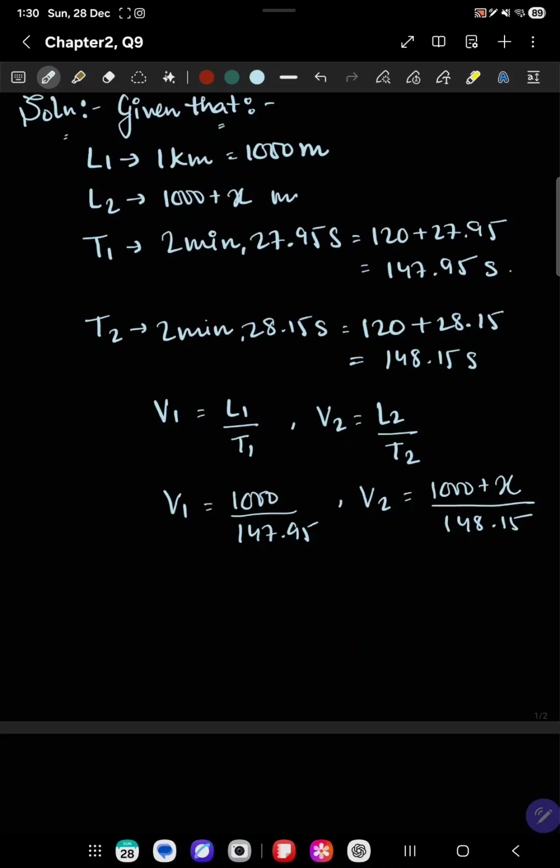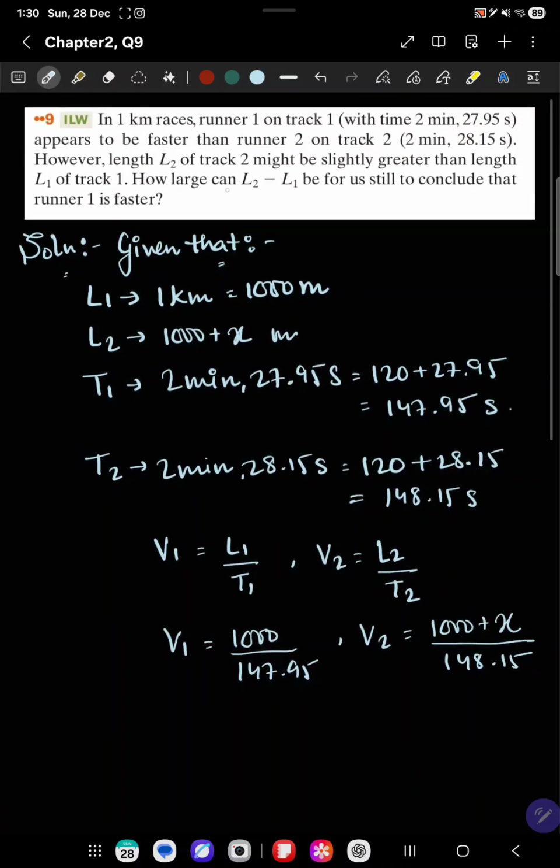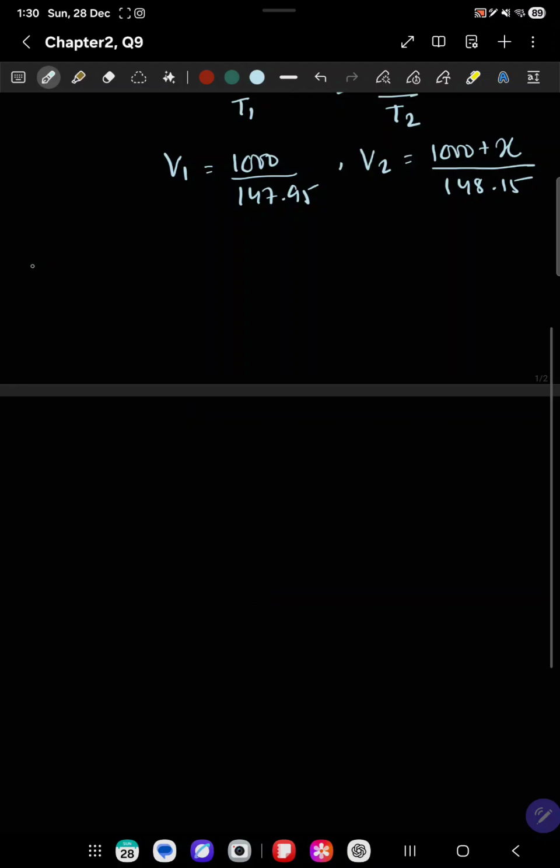So see, it is given that we want to find out that runner 1 is faster, right? It means v1 is greater than v2, so we can use this same relation.